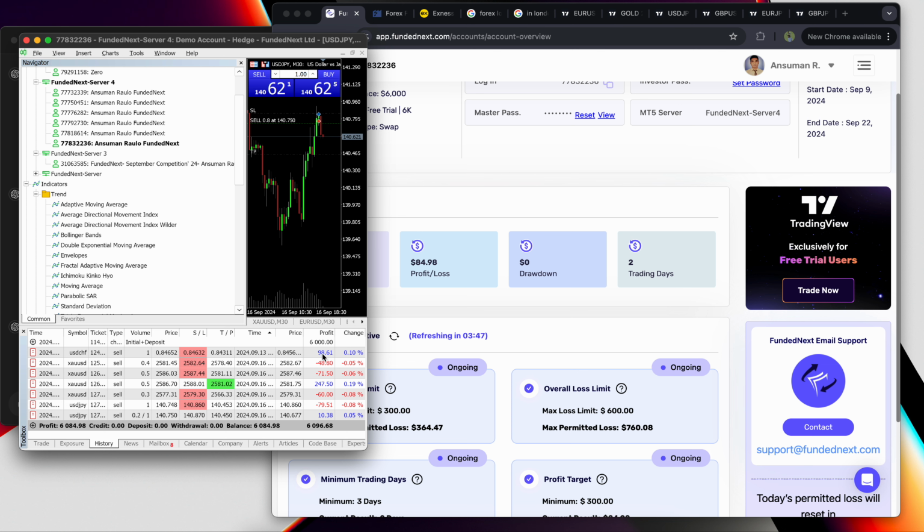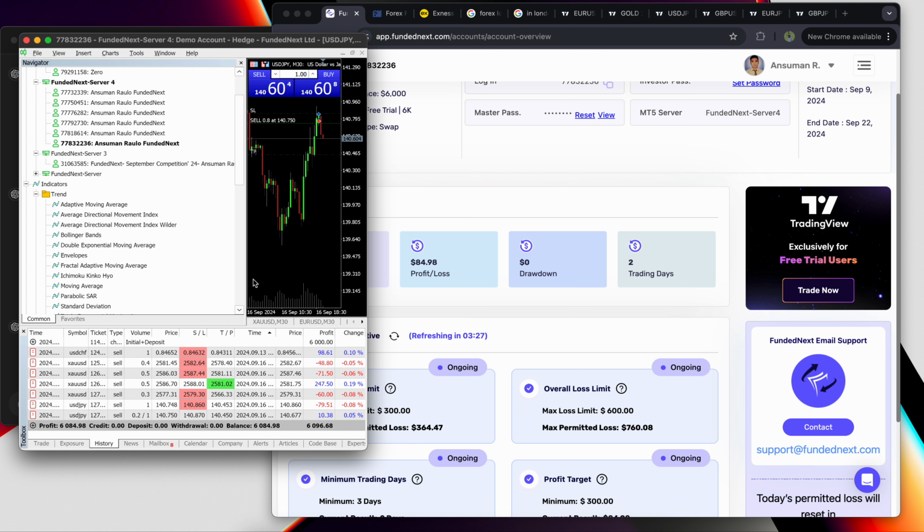First trade, you can see I hit the SL with $98 profit. The trade was in favor of me for some time, then it went against, but when it was in favor of me, I trailed my stop loss to the profit side.